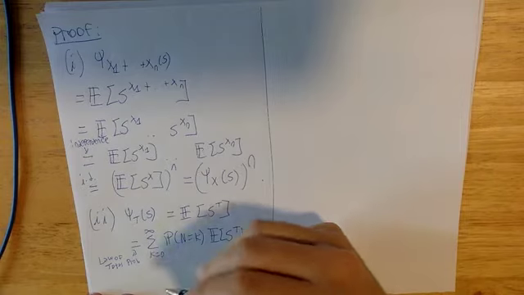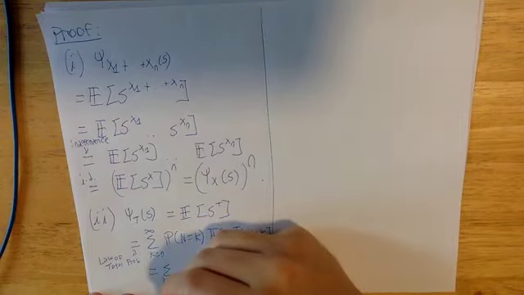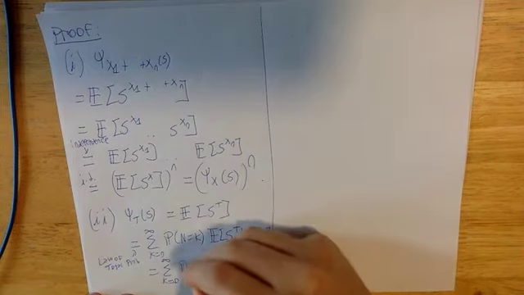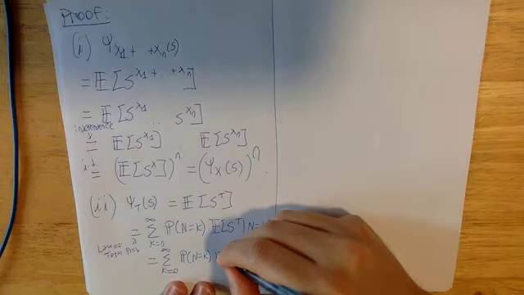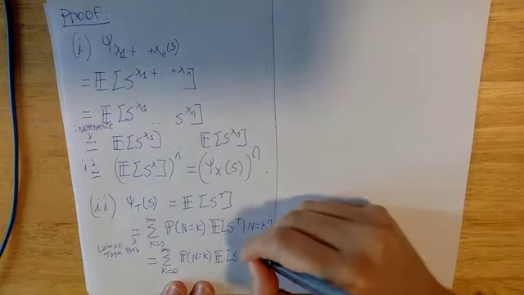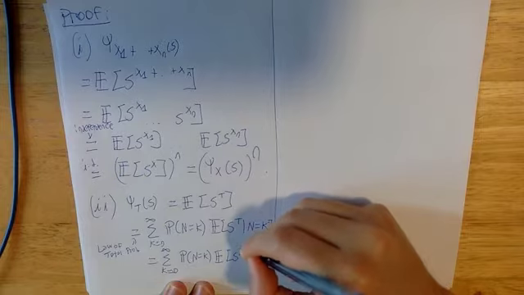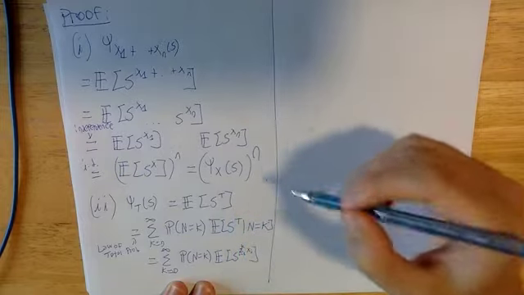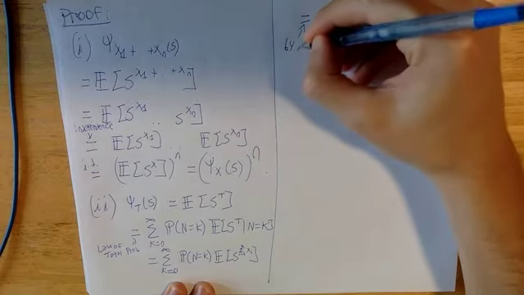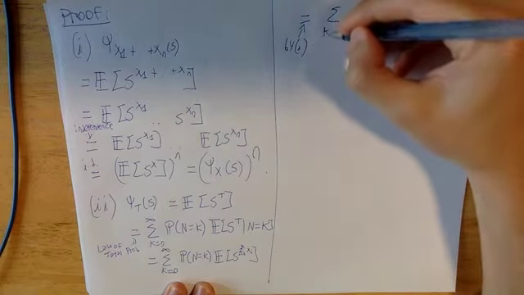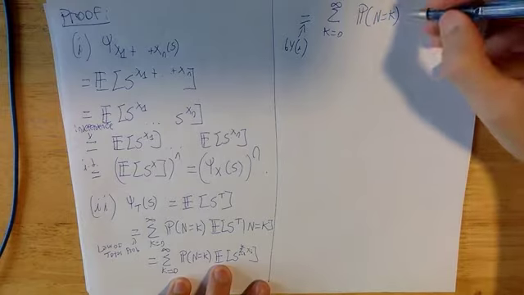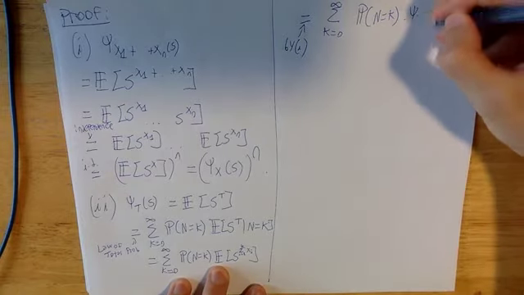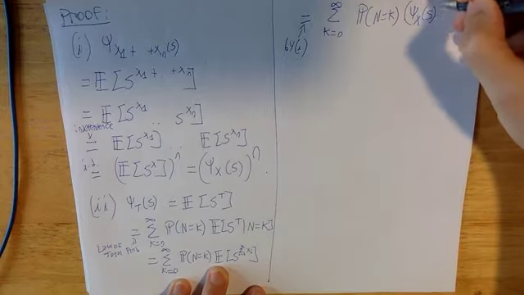But now again this is the sum from k equals 0 up to infinity of the probability that n is equal to k times, now this expectation, if n is equal to k, this is the expectation of s to the sum from i equals 1 up to k of xi, but then by 1, this is equal to the sum from k equals 0 up to infinity of the probability that n is equal to k times phi x of s to the k.